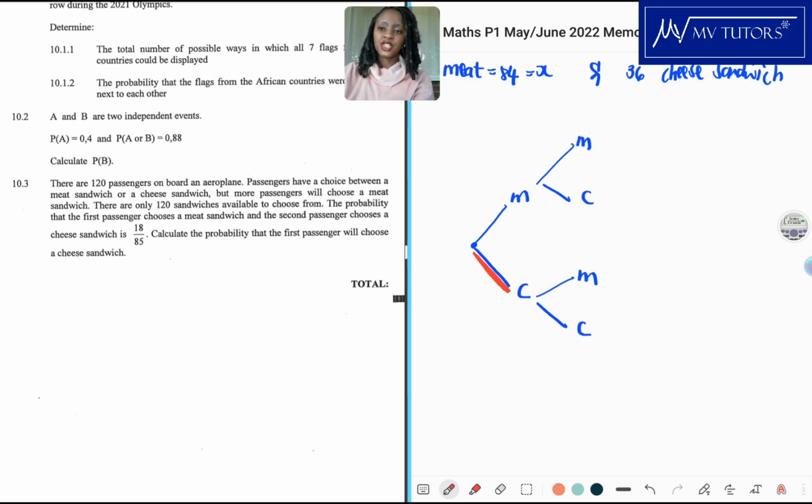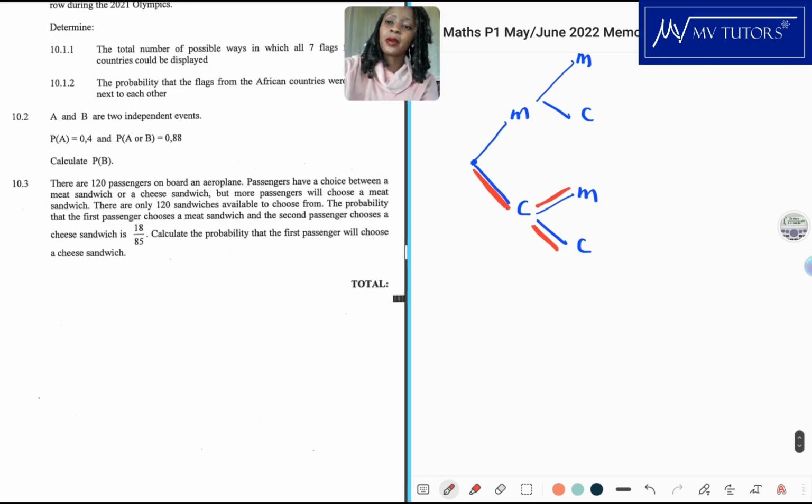If they choose cheese and then the second person chooses meat, it doesn't matter. The first person chose cheese. Even if the second person chooses cheese, it also doesn't matter. So basically we'll be calculating the probability of CM and CC, cheese and meat, cheese and cheese.